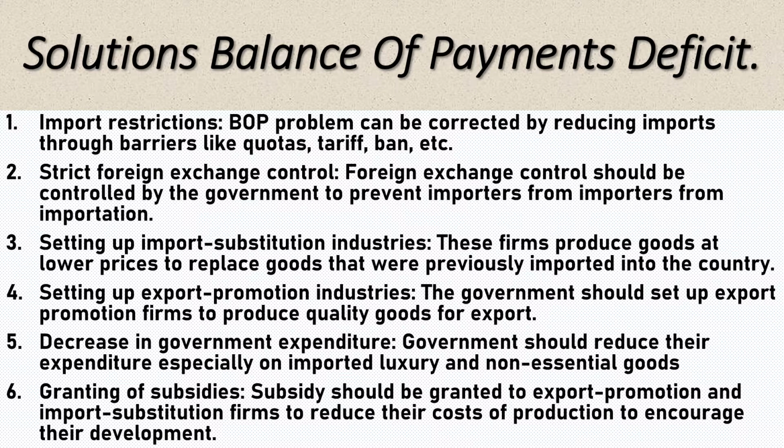If this is done, it means that export in such a country will increase while import will decrease. Again, once this happens, balance of payment deficit will become a surplus within a matter of time.